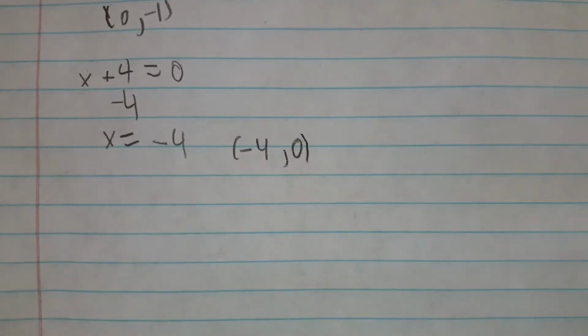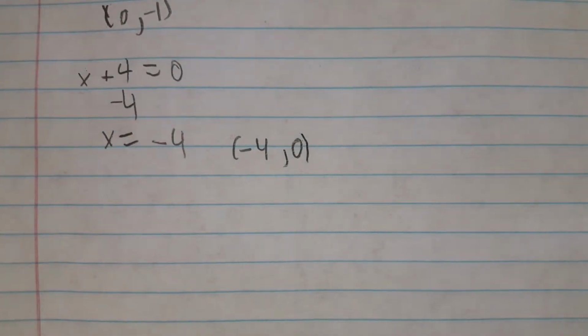So then that is negative 4, 0. And let me make sure the camera can see that. Forgive the camera, seen through glass. Ah, there we go. That's good.